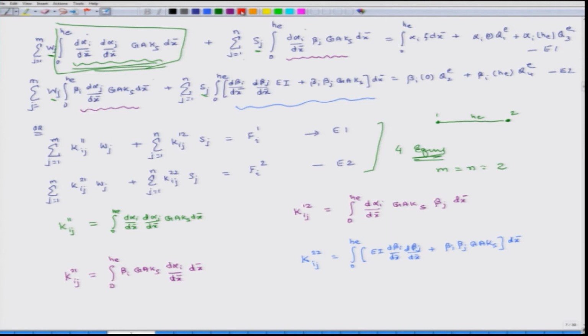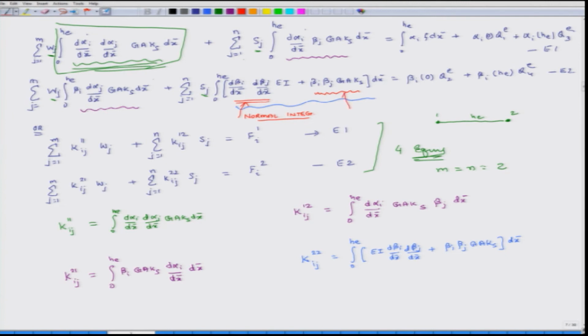This term, which is underlined with two lines, we do not do reduced integration, normal integration. Because if we did reduced, then if m was 2, again we will have the same problem.